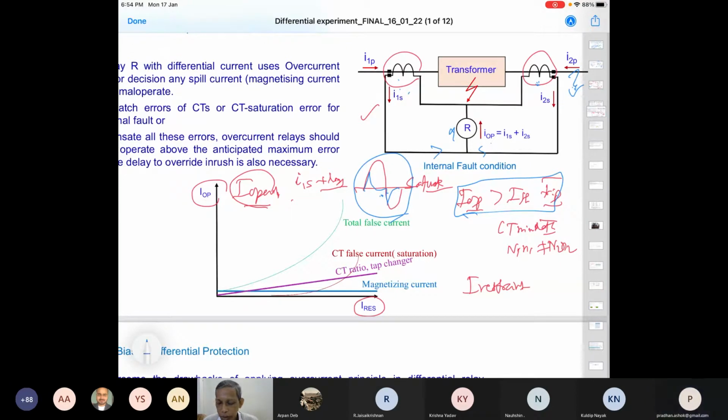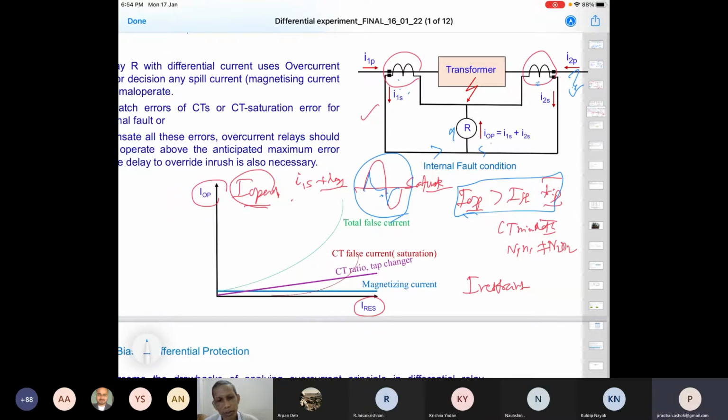Furthermore, the transformer has a tap changing transformer. High voltage side has tap changers to adjust the output voltage, so that the network gets a reliable voltage within plus or minus 5%. To have very stringent voltage regulation, we have tap changing transformers.